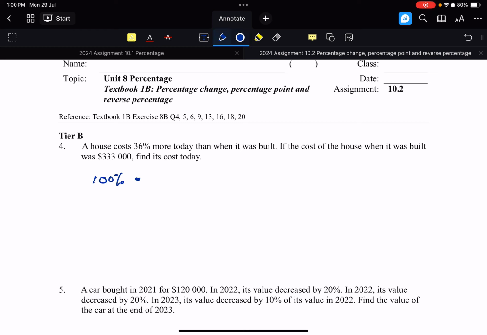We know that 100% of the original cost is going to be 333,000. And then we know that now it costs 36% more, so we want 136% of the original cost.